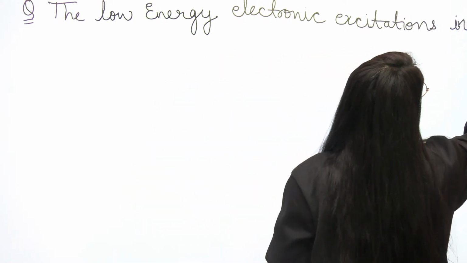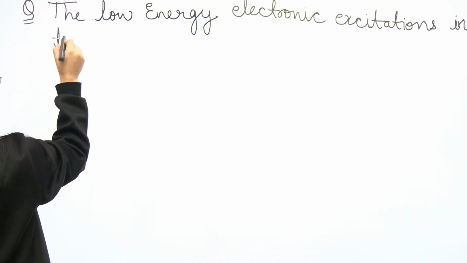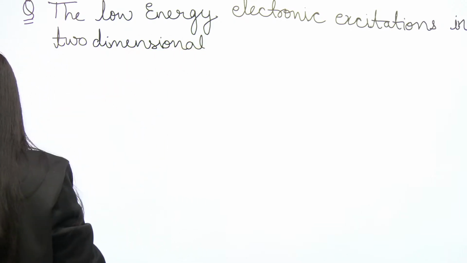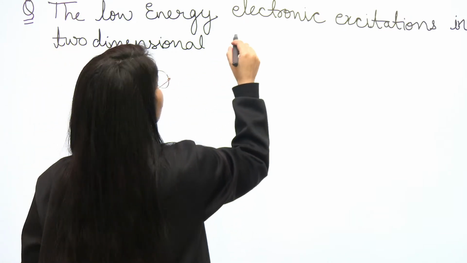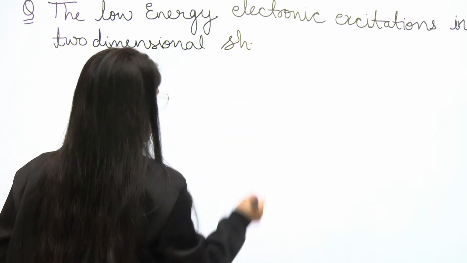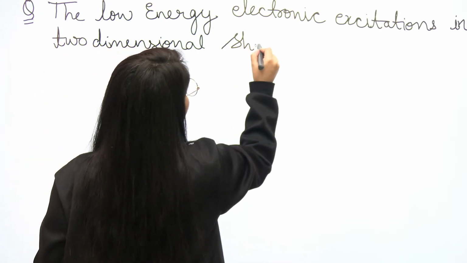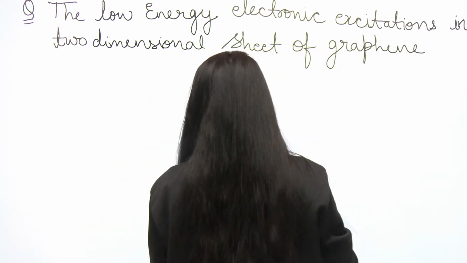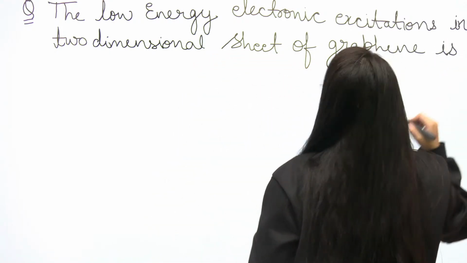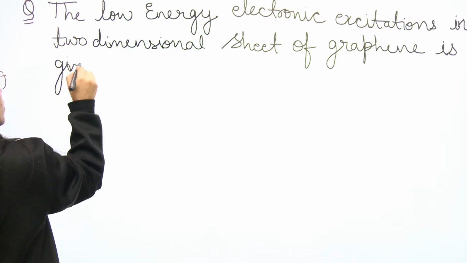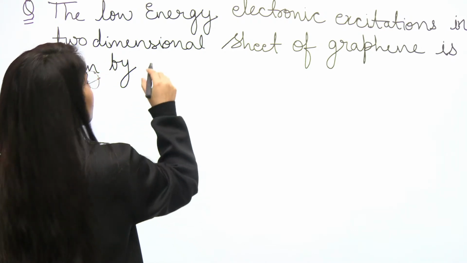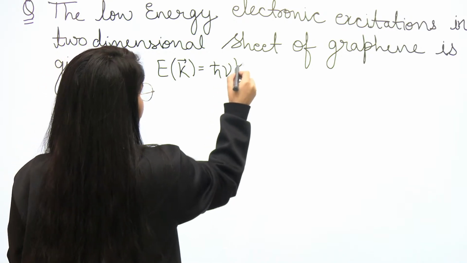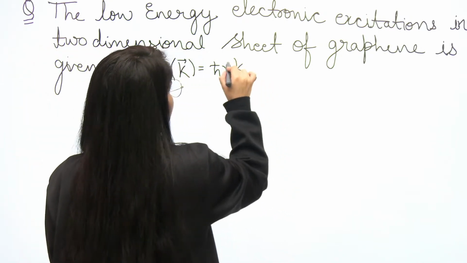In a two-dimensional sheet of graphene, the energy is given by E is equal to h cut nu k, where here basically you can call it V instead of nu.